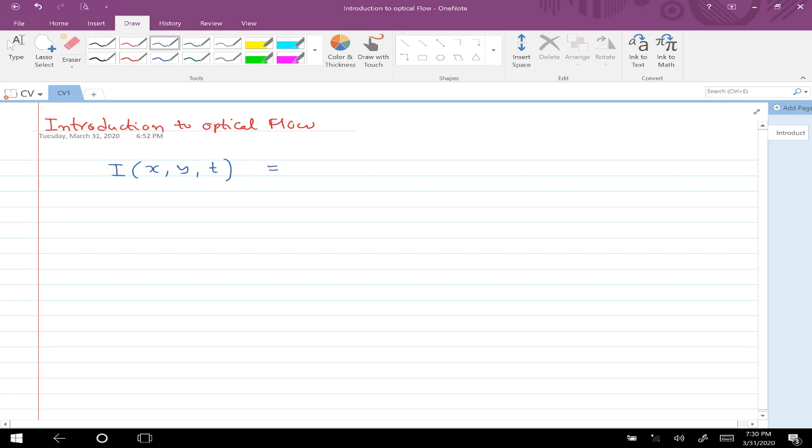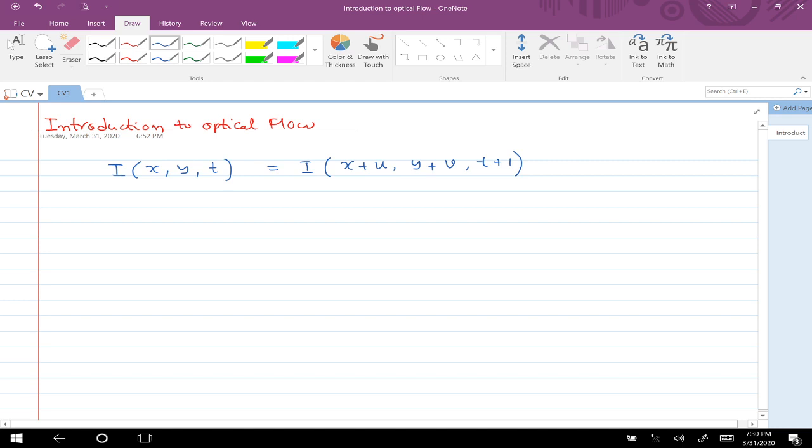Now you would like to find a corresponding pixel which has the same intensity. For that you can move a small value u in the x direction and v in the y direction, and you look at the t plus 1th frame.